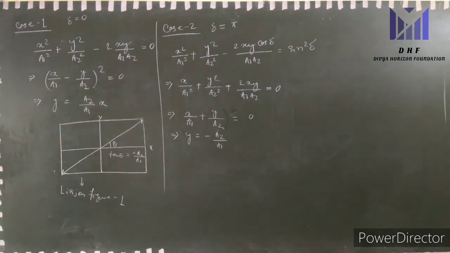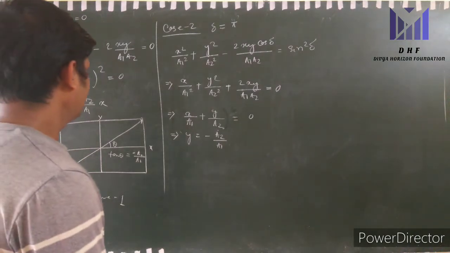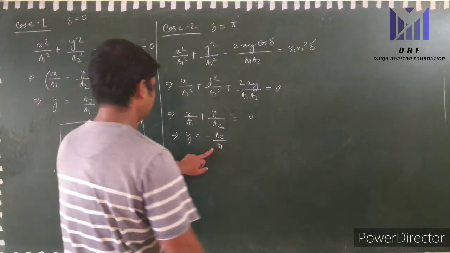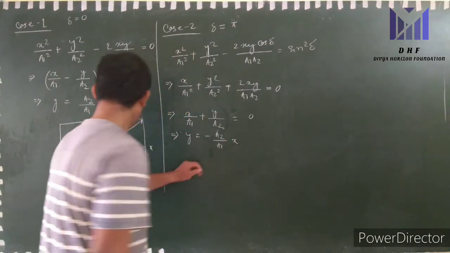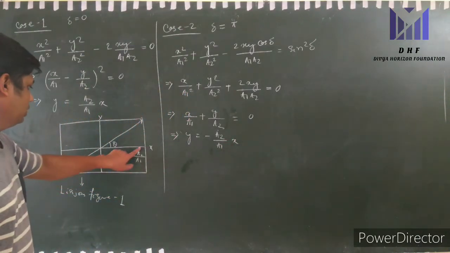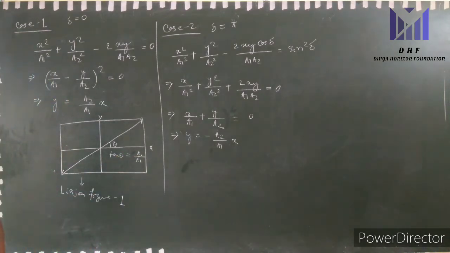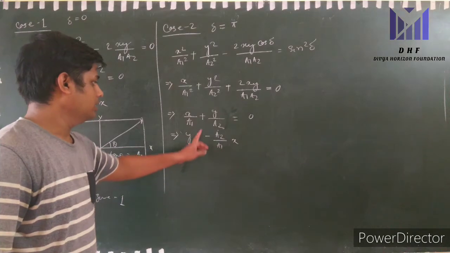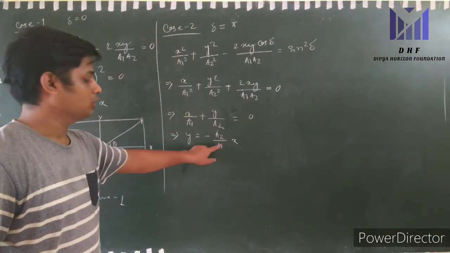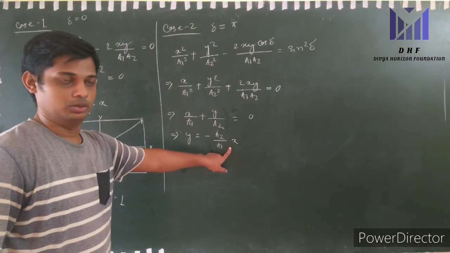So the slope is a2 by a1, with a negative sign. Here we can see that there is a negative slope with y-intercept 0.